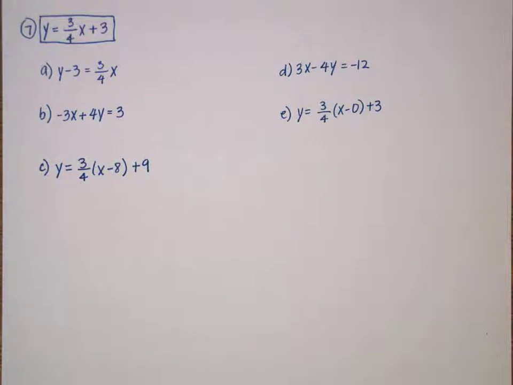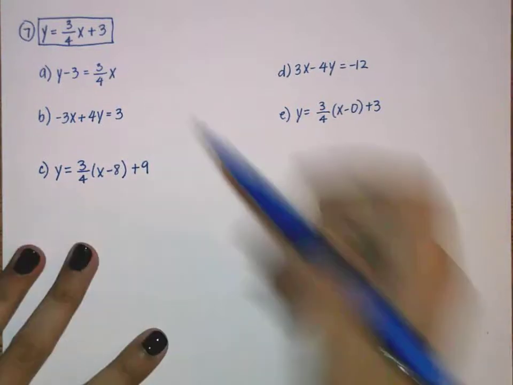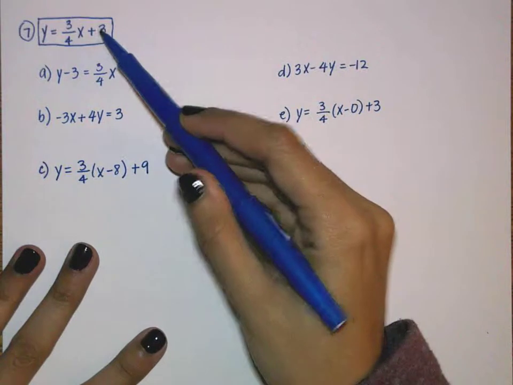Okay, so looking at this, we can see that there's a plus 3 and y is isolated. However, now in option A, y is not isolated.